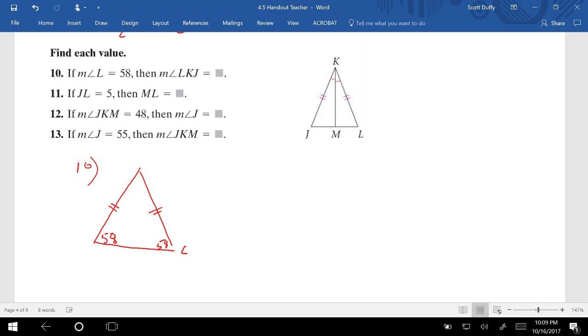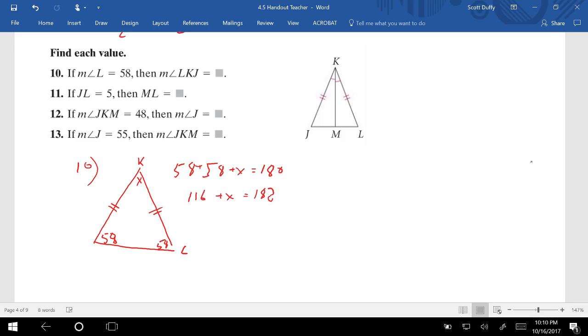So I say this K, if this is K, I will put an X up in there because that's unknown. 58 plus 58 plus X equals 180. 58 and 58 is 116 plus X equals 180.